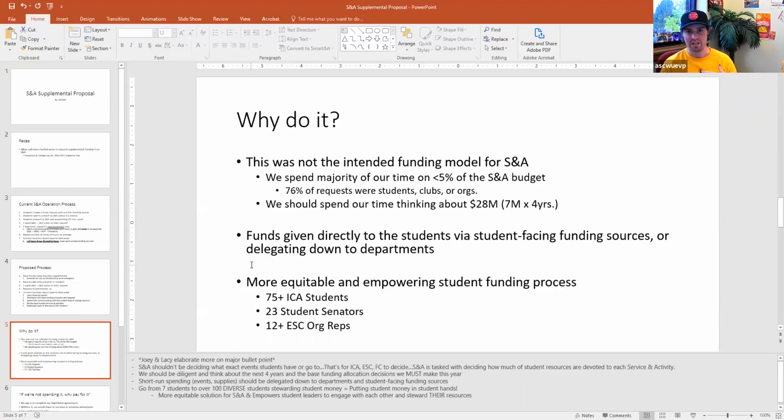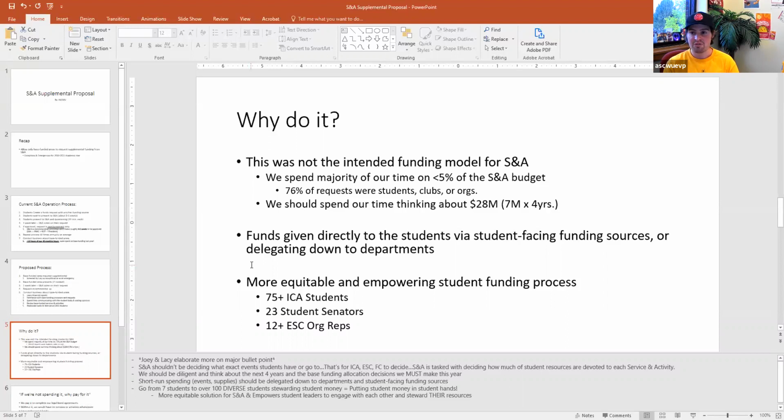And I know 7 million is an assumption based on how many students we have each year, but I just put in 7 million for 4 years. And why I say that is because I'll have Joey and Lacey also talk about how this wasn't really the intended funding model for S&A. S&A isn't really the one who should be deciding which students go to which conference, have what event, get what supplies.